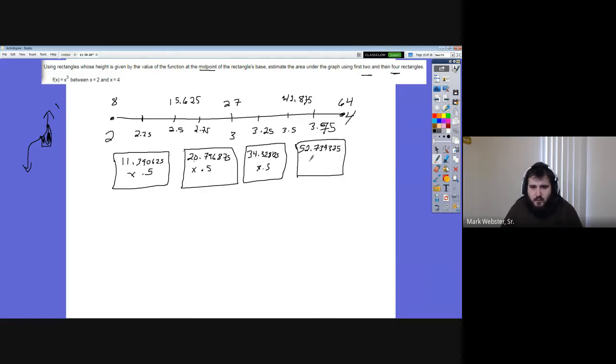And then just times a half. So I'm just going to divide by 2, right? 10 divided by 2 is 5, carry the 1. 6, carry the 1. 4, carry the 1. 3, 1, 2, 5.